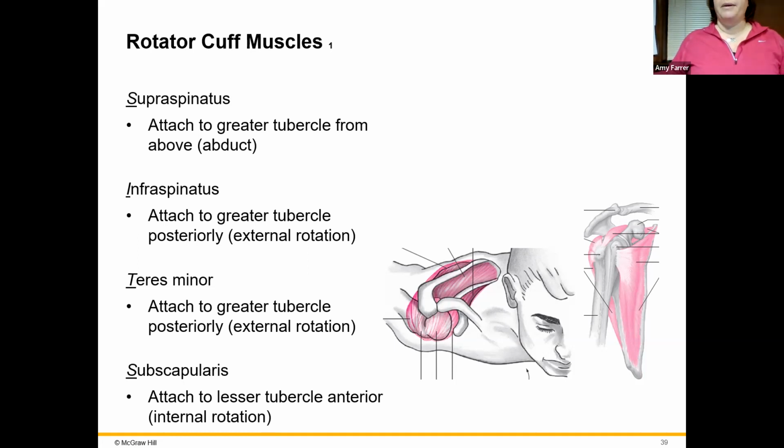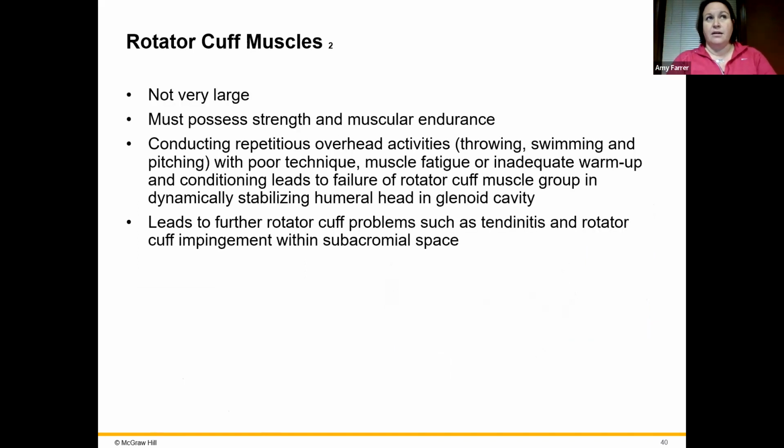Your subscap, because it attaches to the lesser tubercle and travels anterior, it will be internal rotation. So supraspinatus is going to abduct. Our infra and our teres minor are going to be our external rotators. Our subscap is going to be our internal rotator. You can see how all of those things working together are going to give us where they are.